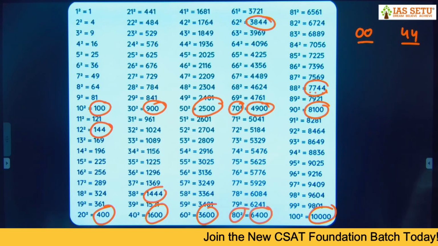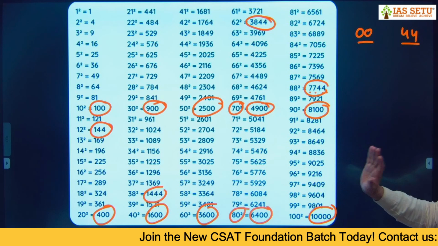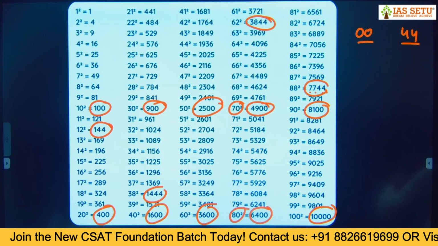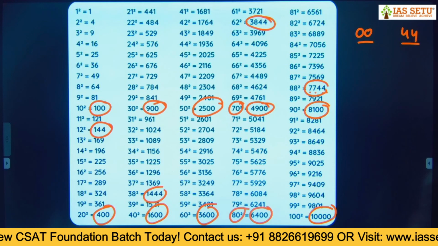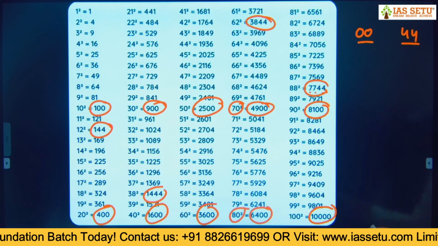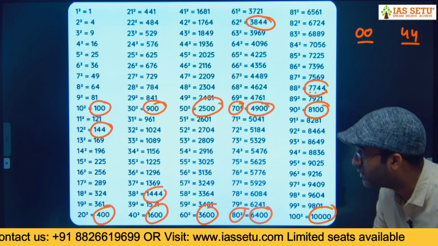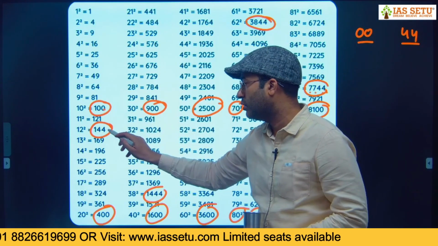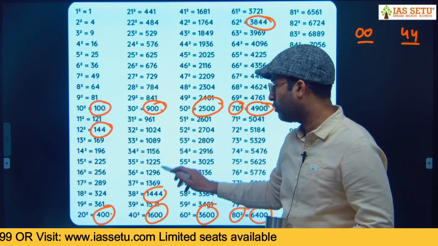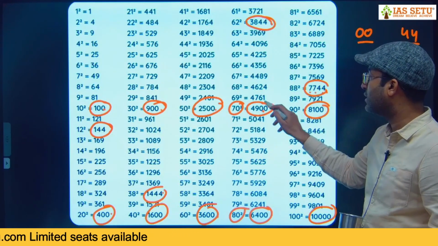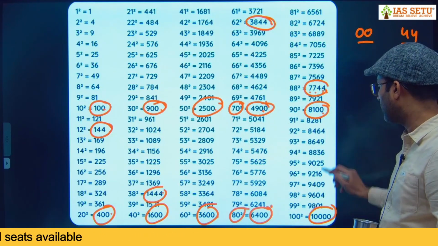Okay, first I give you answer based on this table, but in exam you will not have table. Then I tell you how we can handle this type of question without table. So you can see how many such numbers are there which are perfect square numbers and where last two digits are same. You can see this is 100, 1, 2, 3, 4, 5, 6, 7, 8, 9, 10, 11, 12, 13, 14.